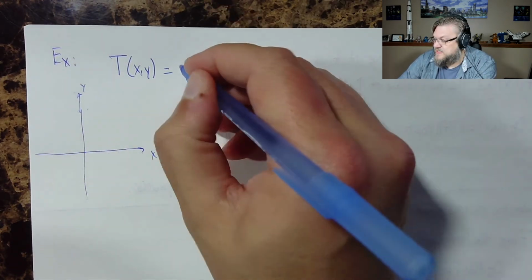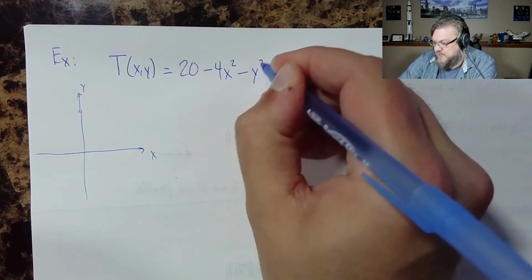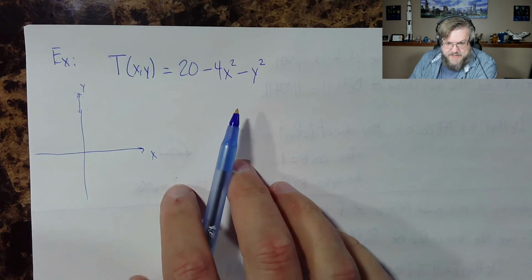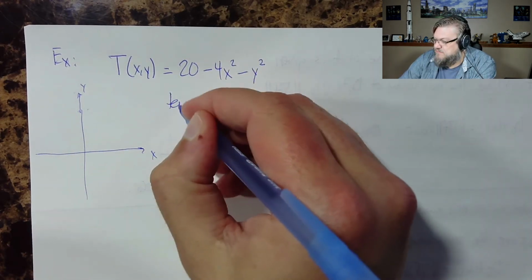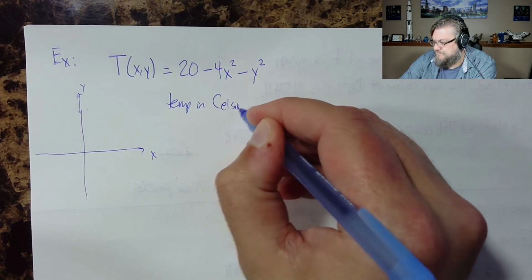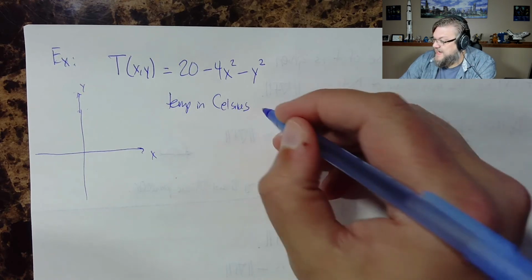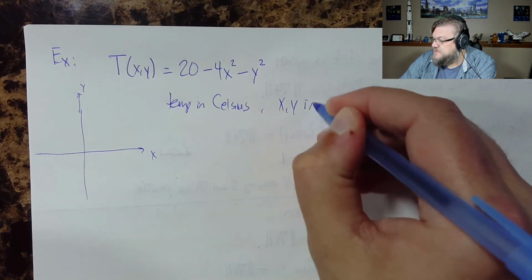The temperature works like this: 20 minus 4x squared minus y squared. Okay. So this is the temperature in Celsius on the surface of a metal plate. X and Y are measured in centimeters.